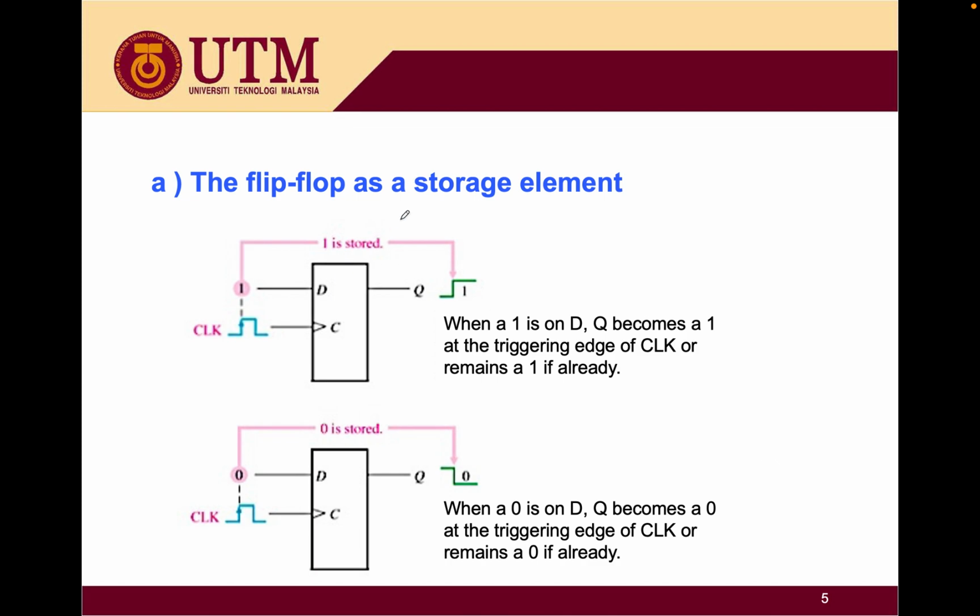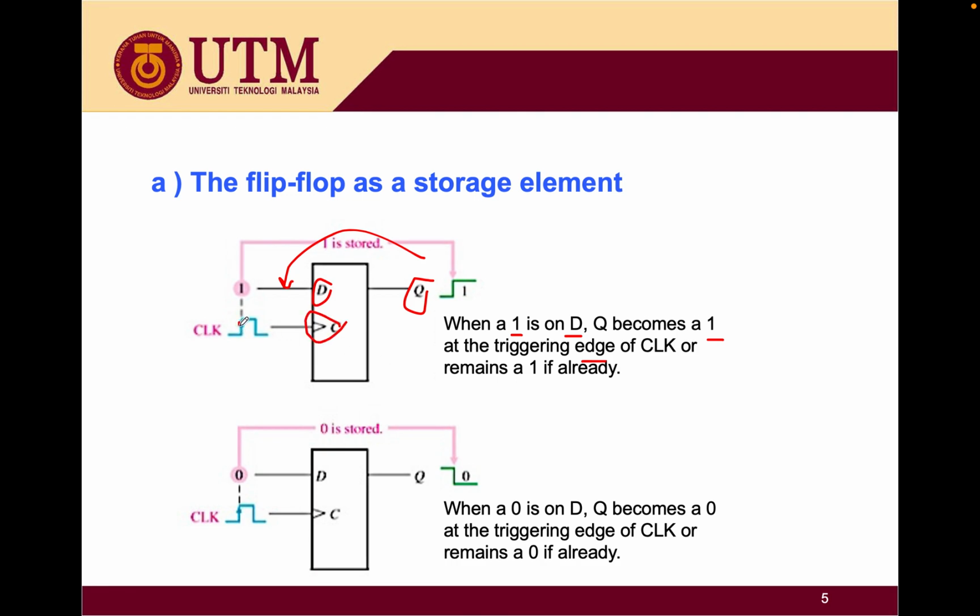Okay, the flip-flop as a storage element. You can see here the example shows a D flip-flop, and when you have an input of 1 to your D input, you're going to have Q also similar to D, if you still remember the table of your D flip-flop. So when 1 is on D, Q becomes 1 at the trigger edge, which for this one is a positive clock.